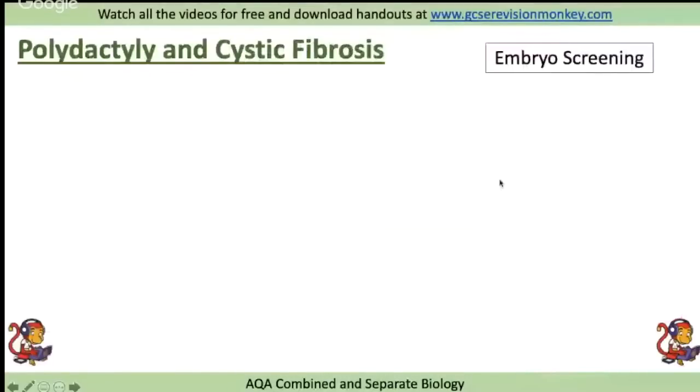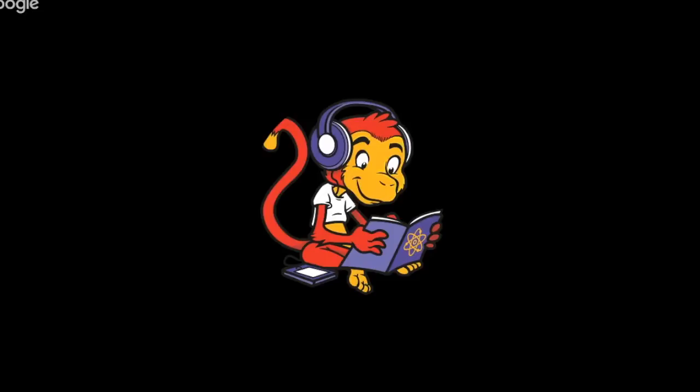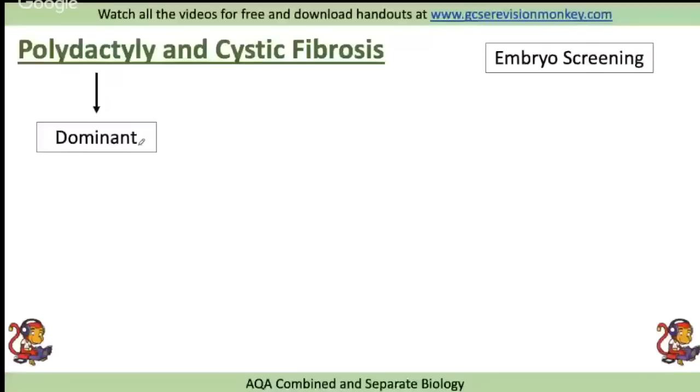Polydactyly and cystic fibrosis are two disorders that you need to know about in this genetics topic. Polydactyly is a dominant allele. So if somebody has the allele for polydactyly, they will have this disorder. And this disorder means that somebody has extra fingers or toes.